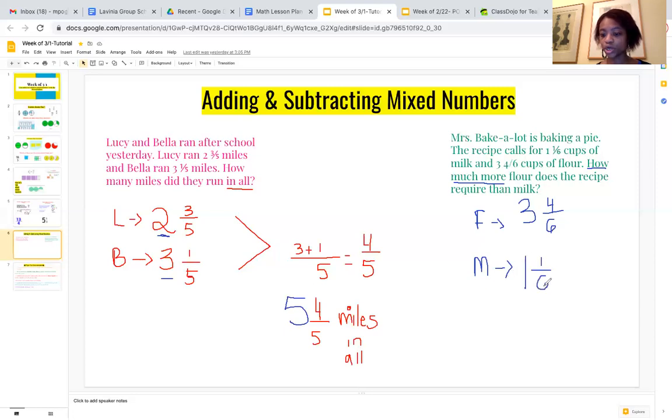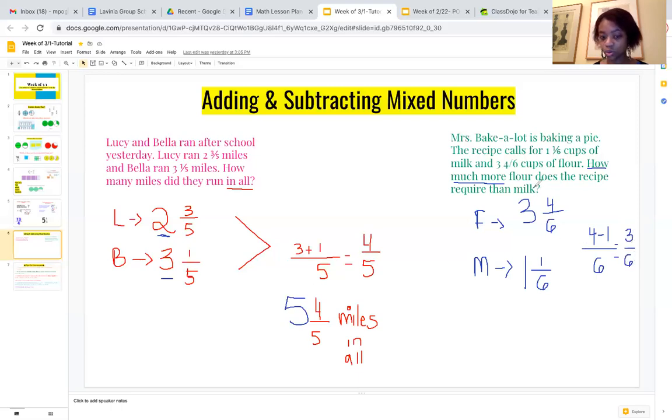And then the milk, we have 1 1/6. So again, we're going to subtract. The denominator stays as it is. So 4 minus 1 gives us 3 over 6.